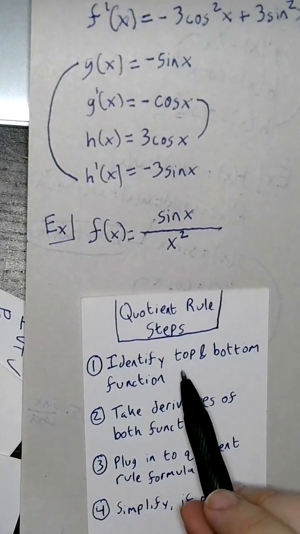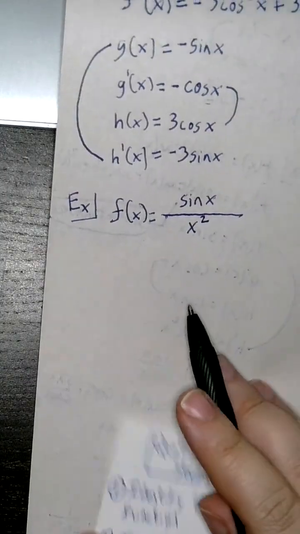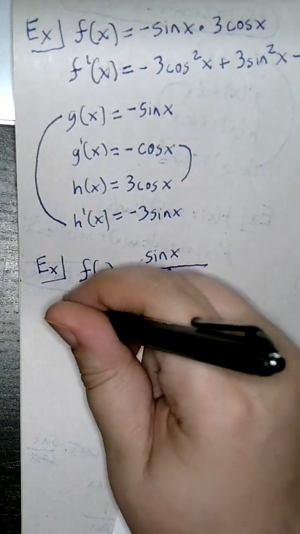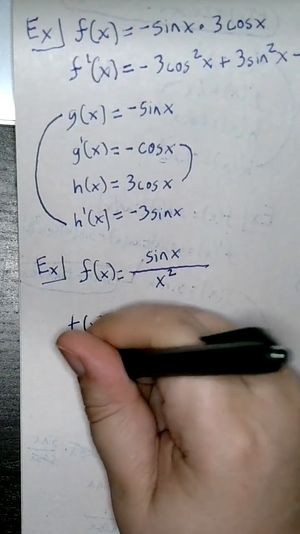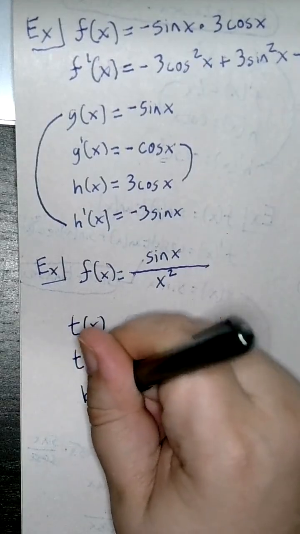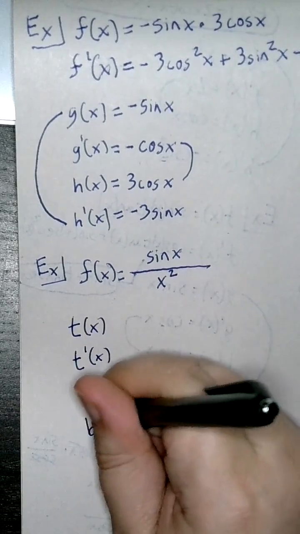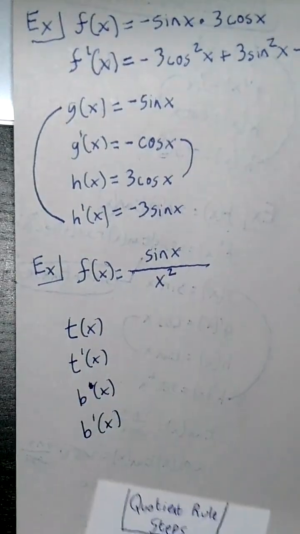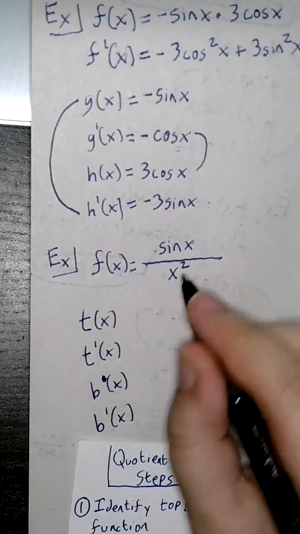So first step is to identify the top and the bottom functions. So I'm going to label t of x for top and b of x for bottom. Nope, that's not prime. Here's prime. So here, my top function is going to be this.